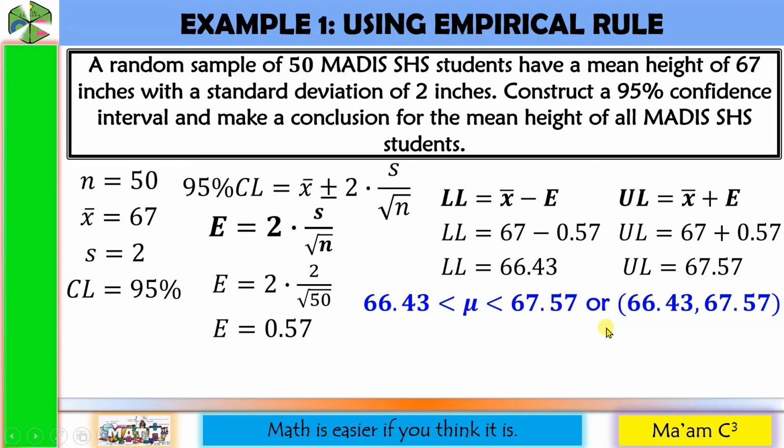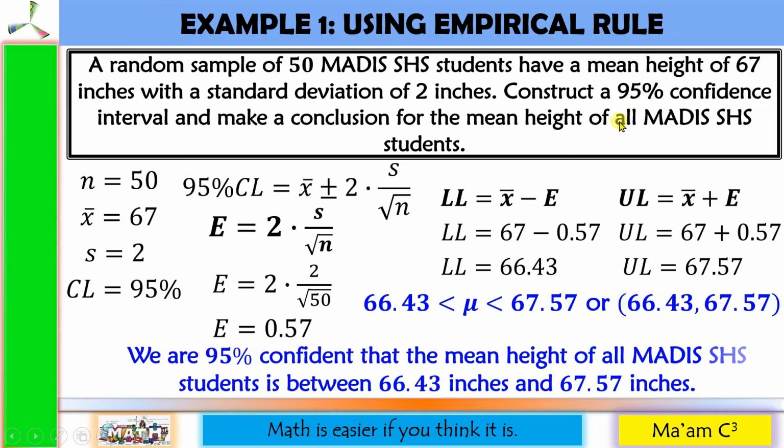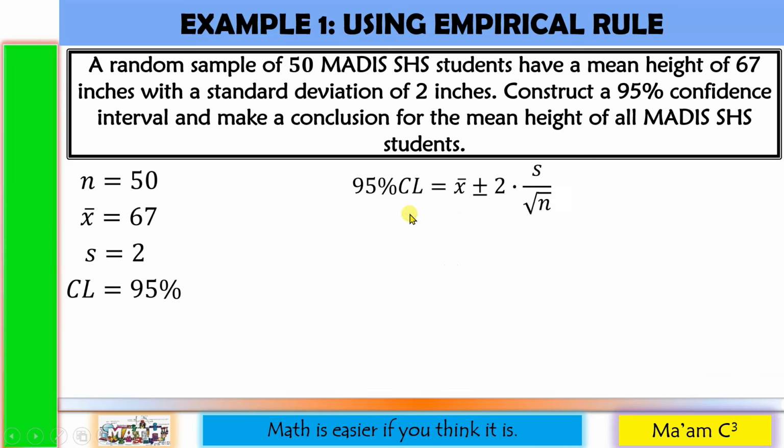Or you can also write it in this way. Now let us make our conclusion. We are 95% confident that the mean height of all MADIS senior high school students is between 66.43 inches and 67.57 inches. For the sake of those who want to see how this formula works, let me show you.